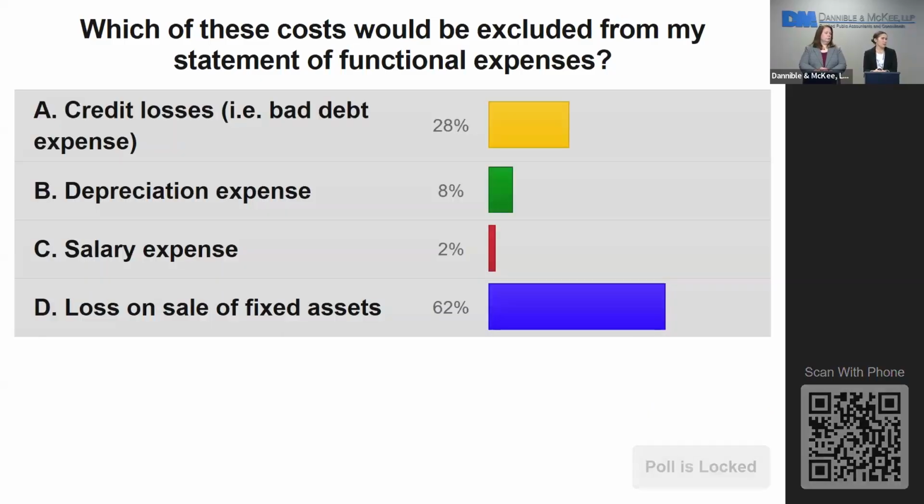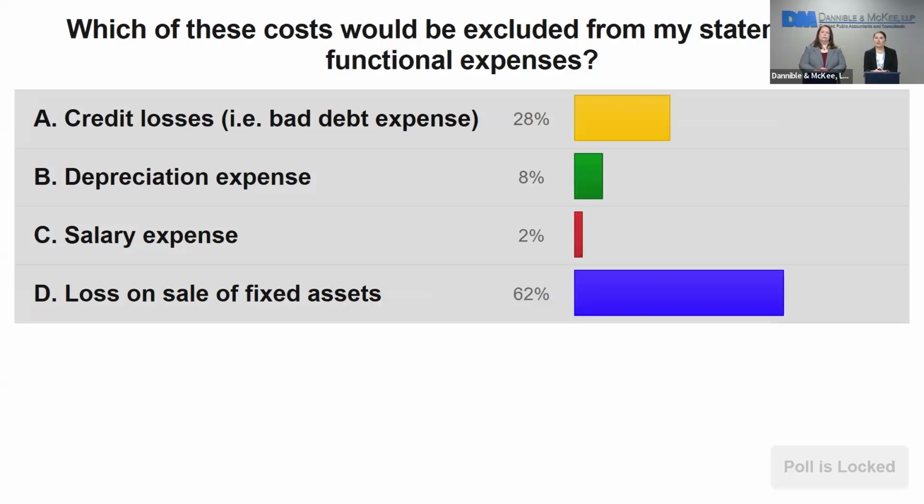We've got some poll results coming in. They were listening. Congratulations. We have a smart group with us today. You're correct. The loss on the sale of fixed assets should not be included in our statement of functional expenses. In this scenario, any kind of loss of fixed assets is going to show up on your income side, on your revenue side of your statement of activities, and therefore not in your functional expense.